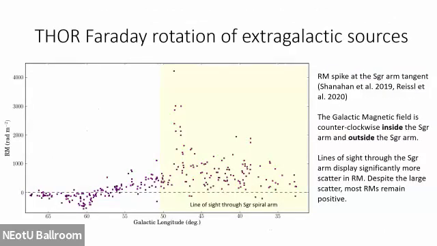So if you measure the Faraday rotation of extragalactic sources shining through the Milky Way with THOR, we have assembled more, but this is what I have available for you right now. You see here rotation measures as a function of galactic longitude.